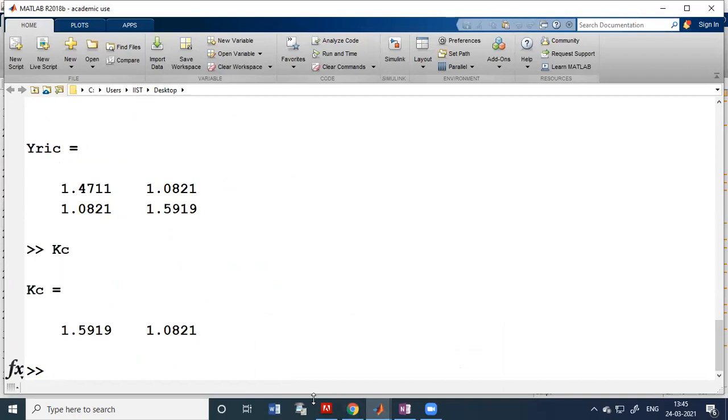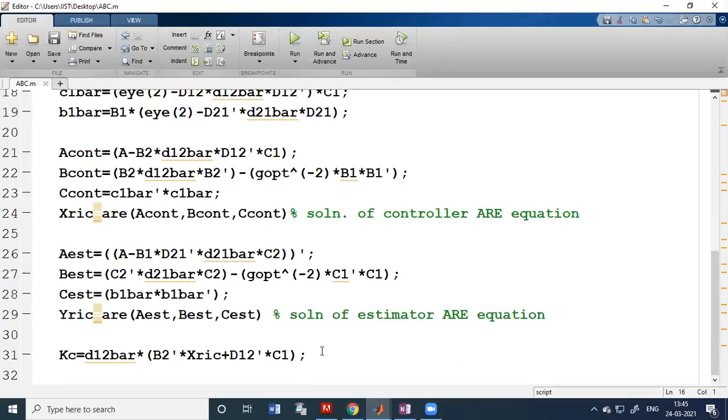Again, KC is in a packed form, so you need to unpack that. Unpacked form means you are bringing everything back into ABCD form. A KC, B KC, C KC, D KC equal to unpack KC.